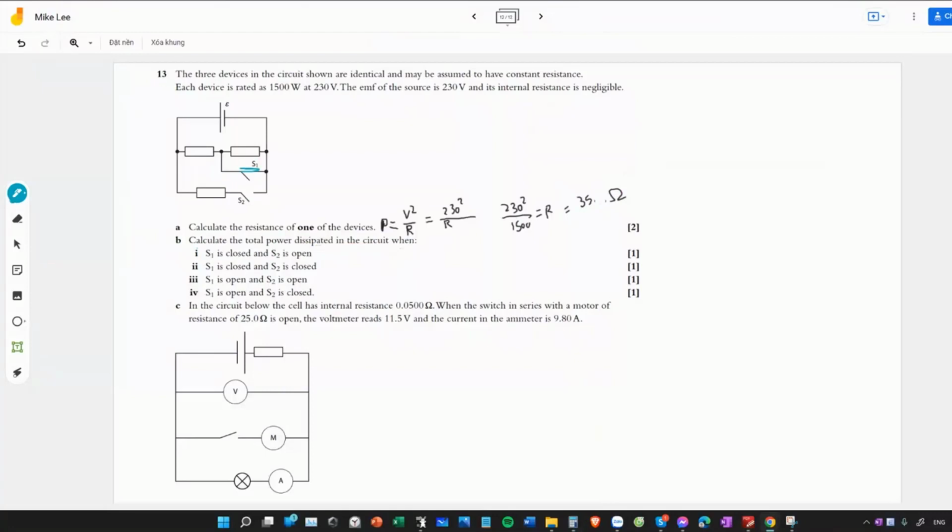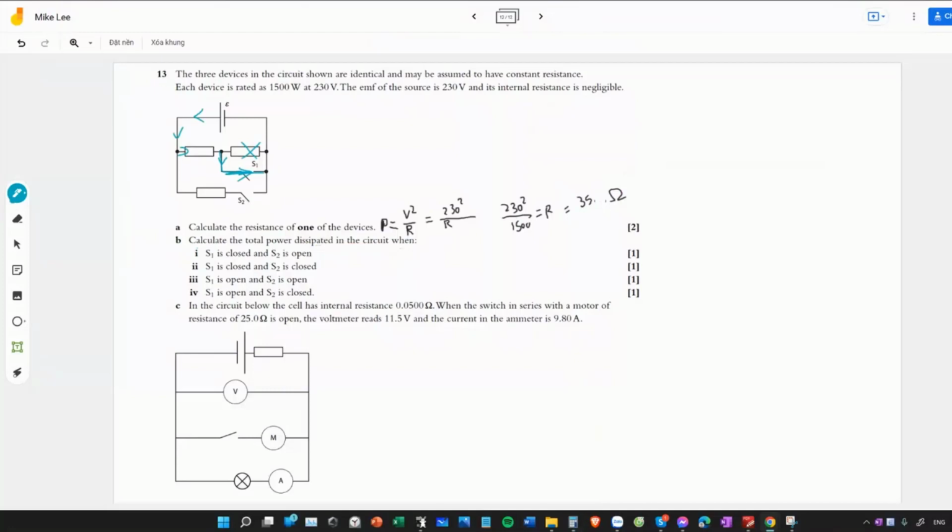When S1 is closed, the current runs from the battery through this resistor and then down to this part without moving through this resistor. So this resistor doesn't exist. And S2 is open, so there's no current here.